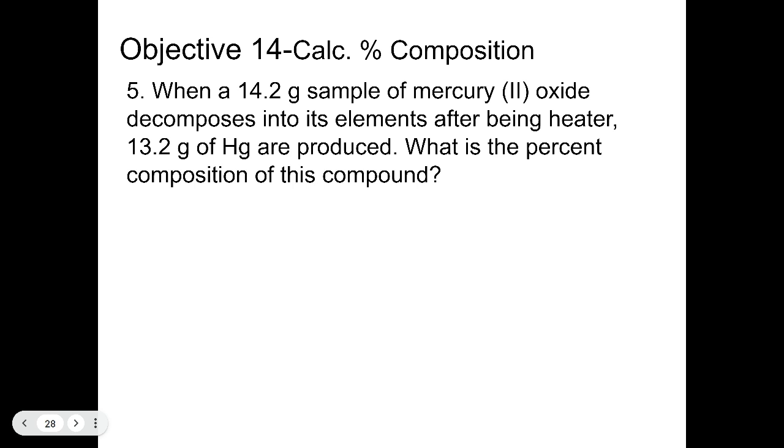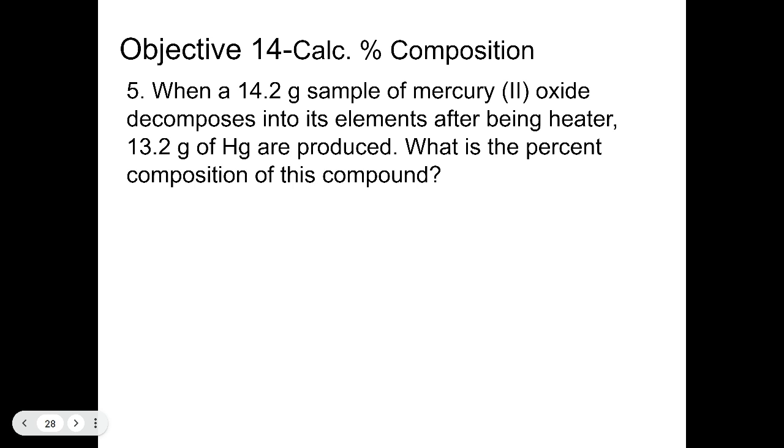And we end up getting 93.0 if we round to the correct amount of significant figures, 93.0 for our percentage of mercury.